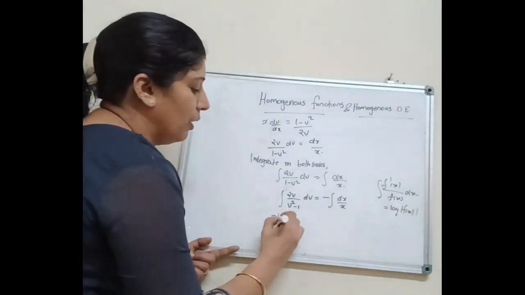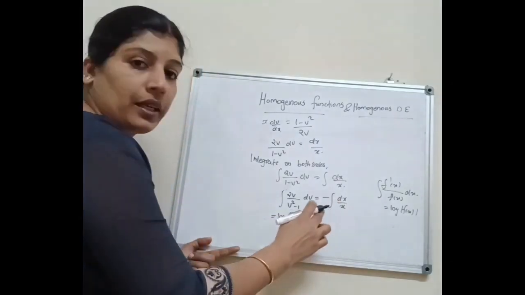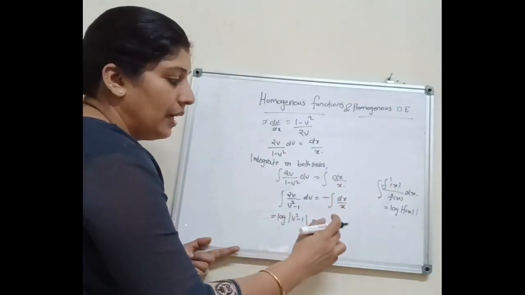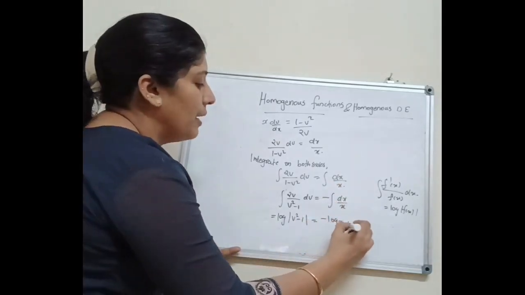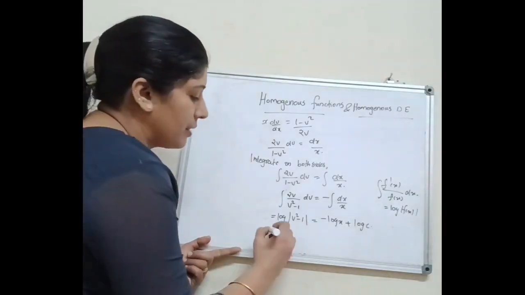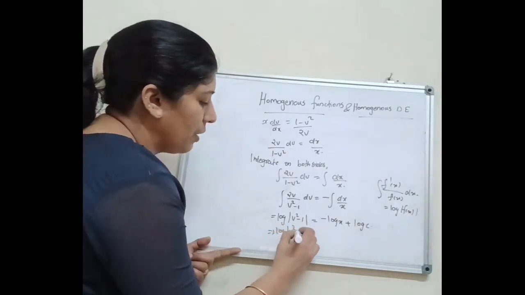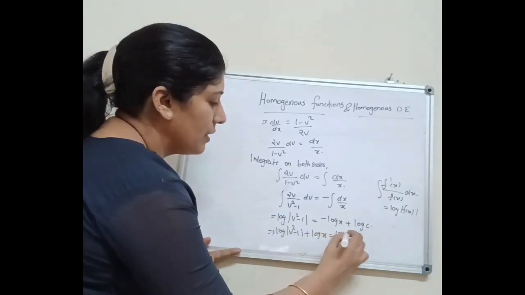Therefore, log of mod (v square minus 1) equal to minus integral 1 by x dx, that is minus log x plus log c, where c is an arbitrary constant. That implies log mod (v square minus 1) plus log x equal to log c.